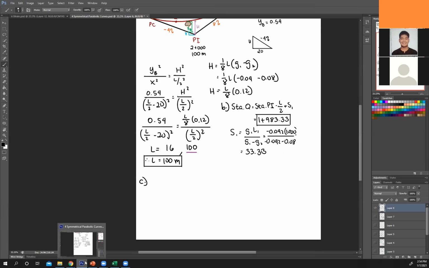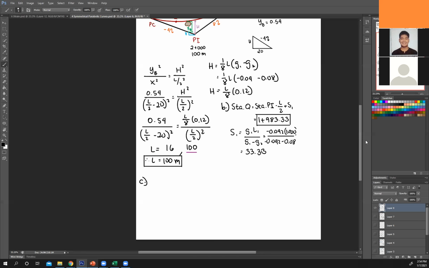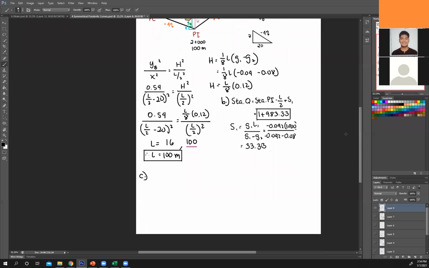Okay, to make things quick. Letter C, what we're looking for? Elevation of the station where the sewer is to be placed. So I need to find out elevation Q.